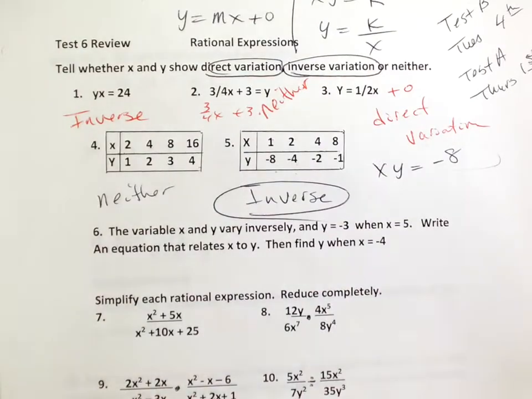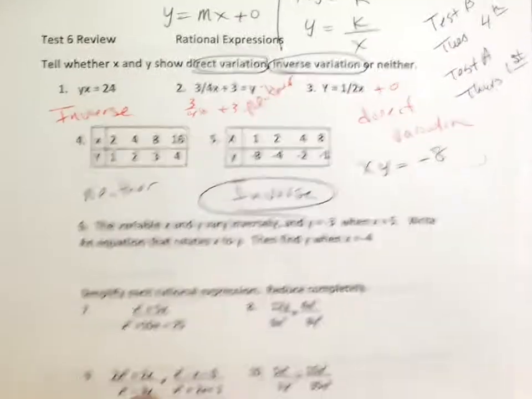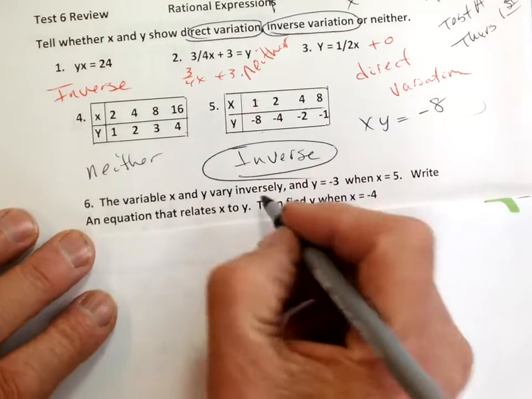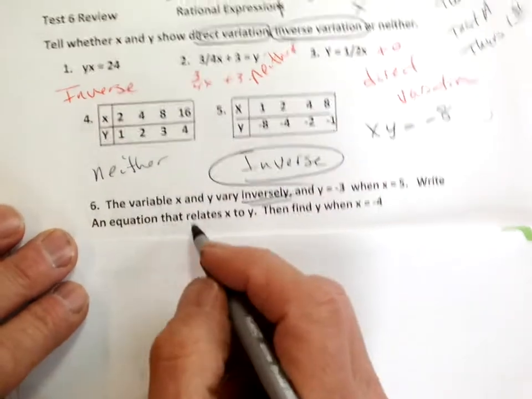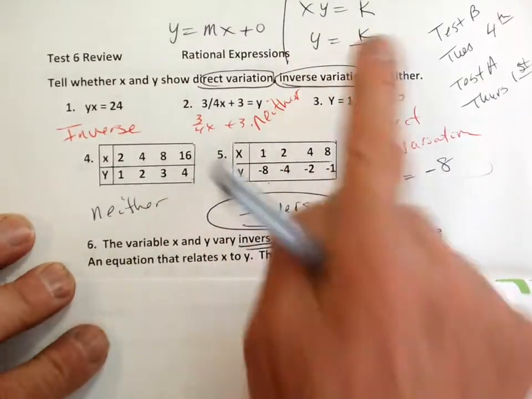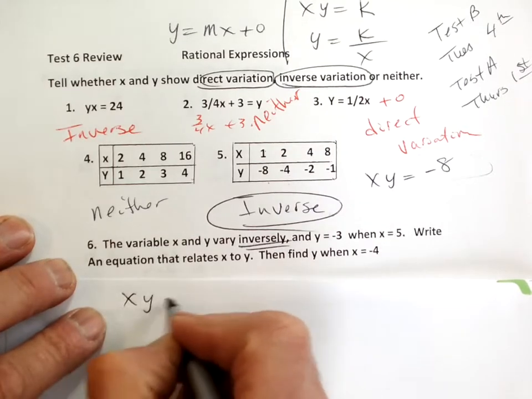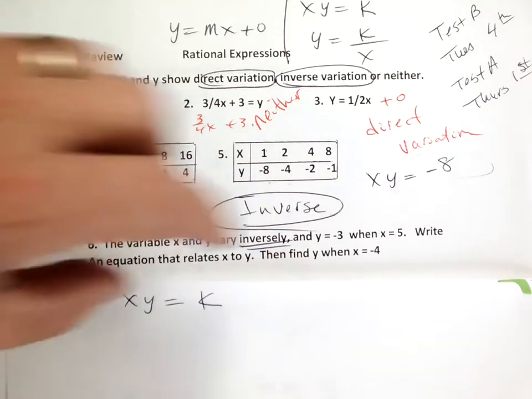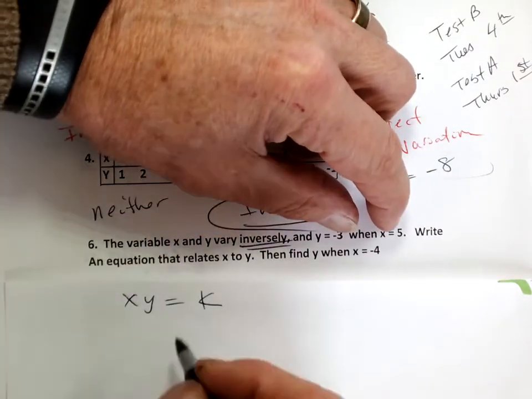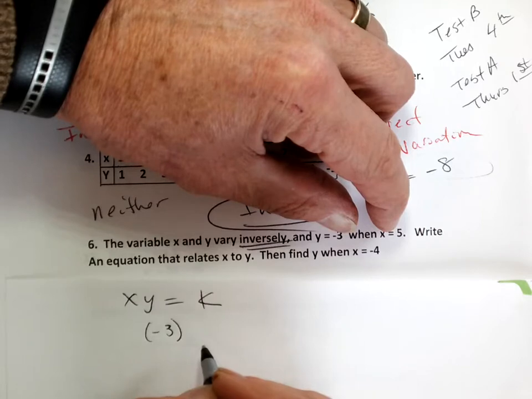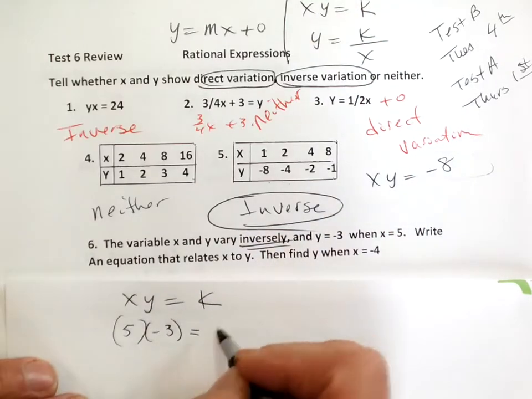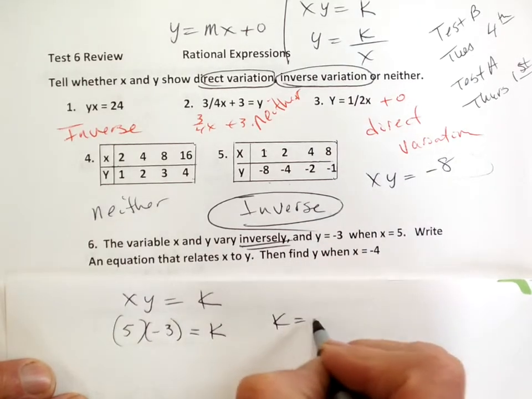Okay, number 6. It seems like a lot of words, but it's not that bad. The first thing I get is "inversely varies." So let's write down this equation: x times y equals k. Now we get some clues. y is negative 3 and x is 5, so we can get the k value. I know k is equal to negative 15.